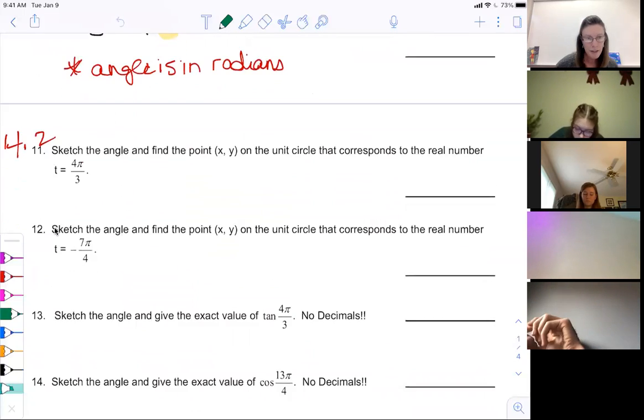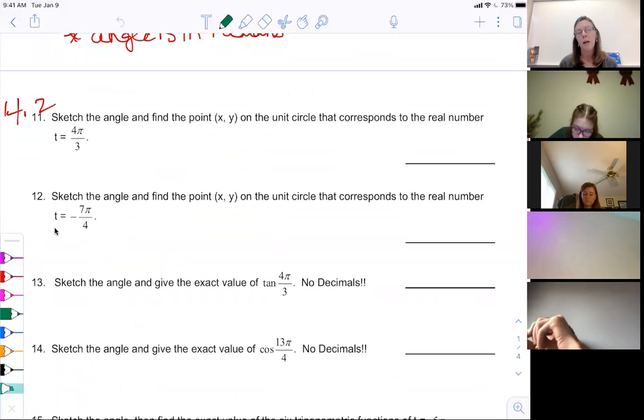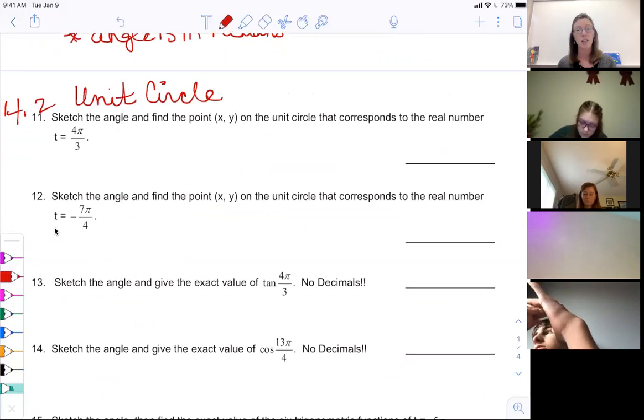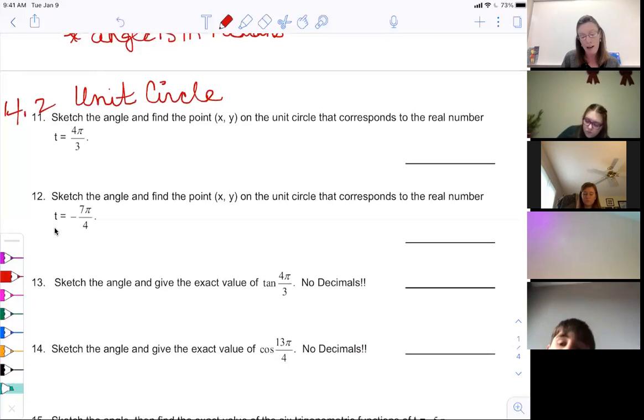Number 11 starts section 4.2. This section is when we talked about the unit circle. 4.1 was kind of introducing you to terms in trig and types of angles that we can find in trig. So number 11 says sketch the angle and find the point that corresponds to the real number t equals 4/3 pi, or 4 pi over 3, however you want to say it.